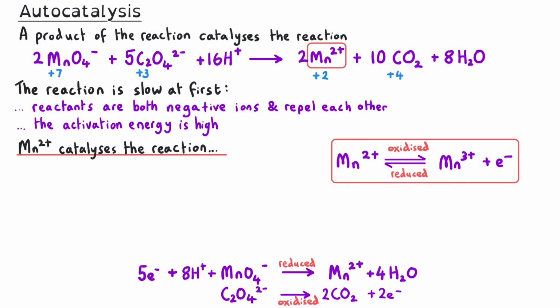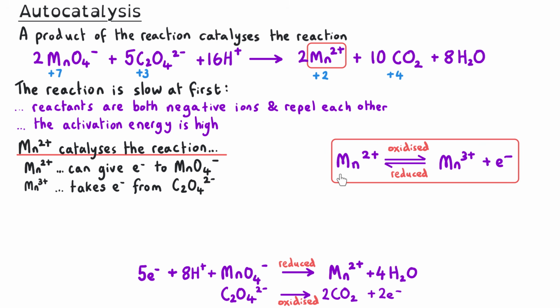And so in the first part of this reaction, manganese 2+ is oxidized by the manganate 7, and it gives the manganate ions electrons and forms Mn3+, which is then reduced back to Mn2+ by the ethane dioate ion, and the ethane dioate ion gives electrons to the manganese 3+.